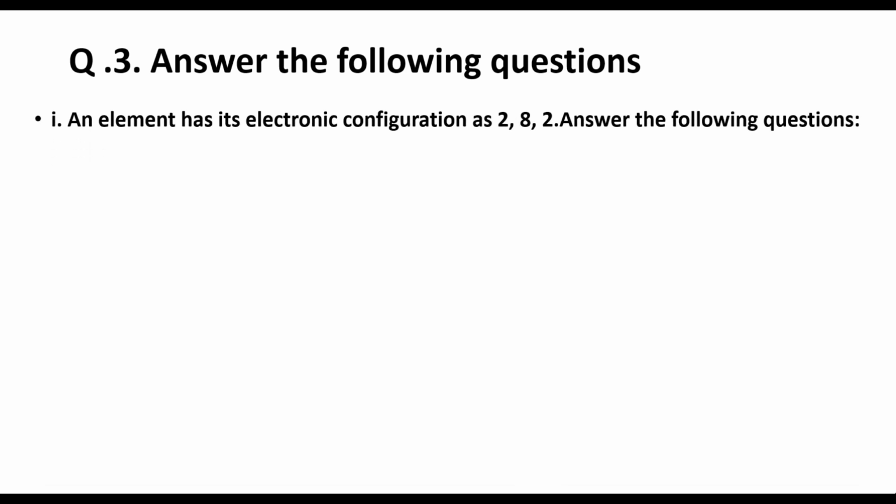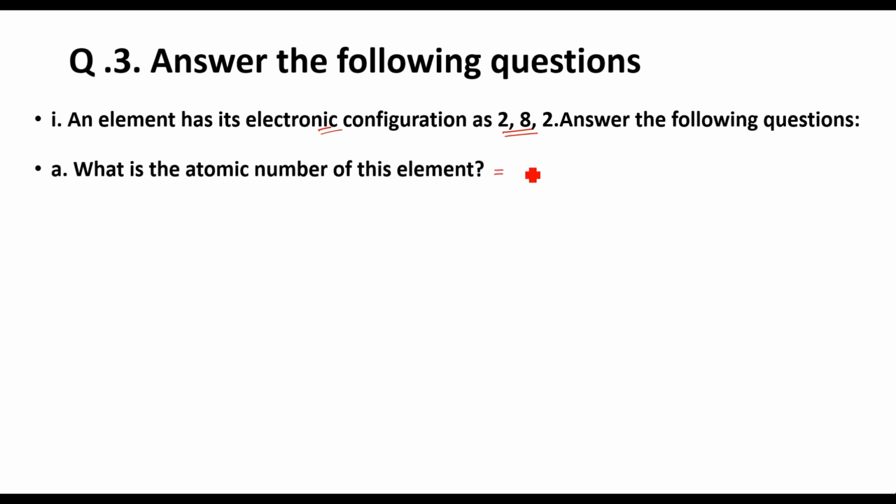In question number 3, question 1 says an element whose electronic configuration is 2, 8, 2. Then you have to answer the following questions. So you are given the electronic configuration, and the question asked is what is the atomic number of this element. Many times students write the answer directly.